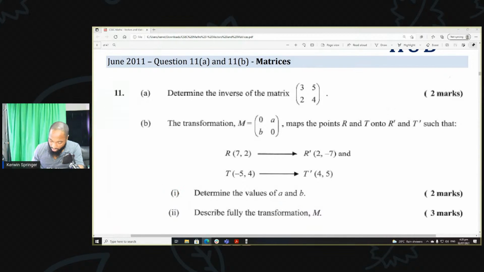You all remember all the things I need to say? Let me see if you all remember, the 4 things. What are the 4 things you need to say about describing fully this thing? It is a rotation.